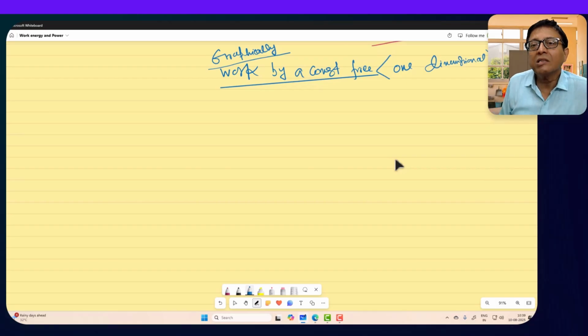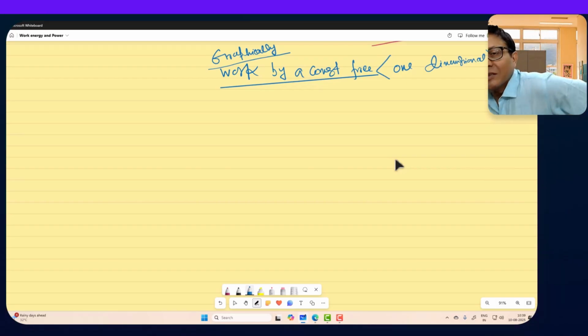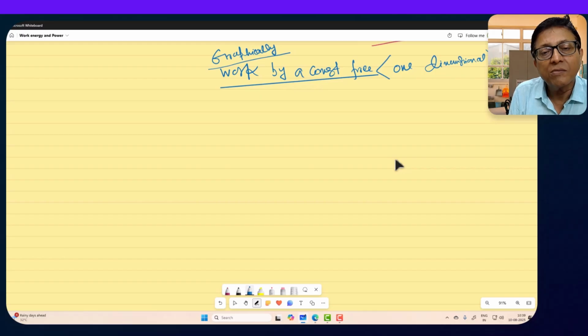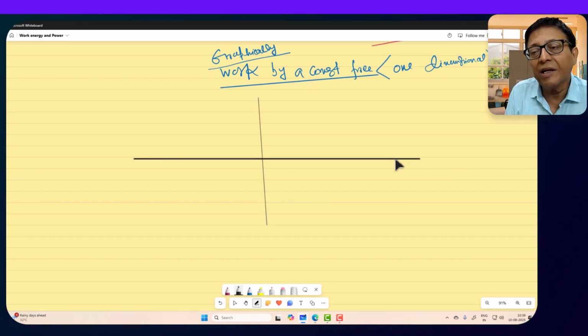Two or three dimensional I will definitely discuss, but let us understand this part first. Force remains constant and it is one dimensional. Assume that it is acting along x-axis.